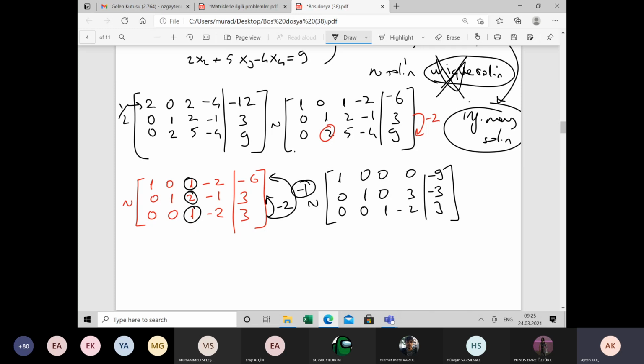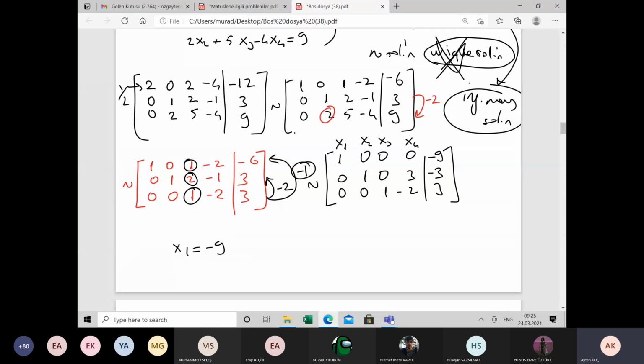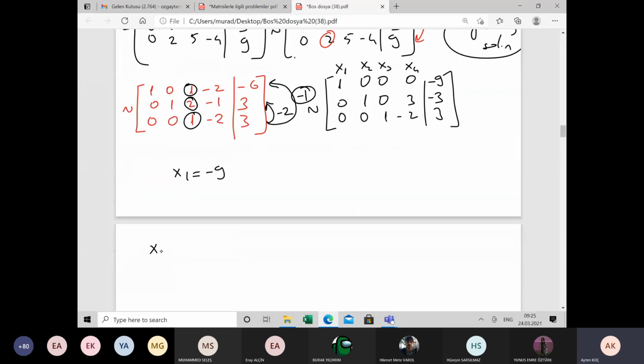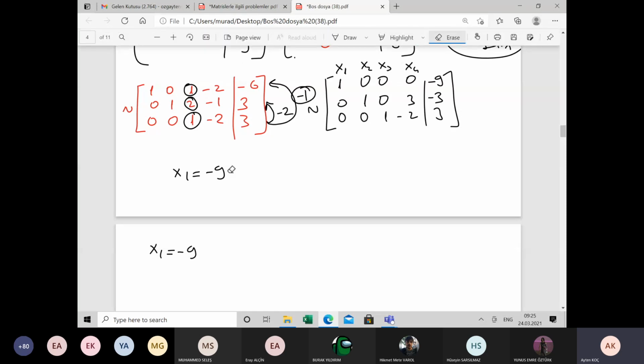Write the corresponding equations. The columns are x1, x2, x3, x4. The first row gives x1 plus 0, 0, equals -9. It's okay. And the second row gives this equation: x2 plus 3x4 is equal to -3.